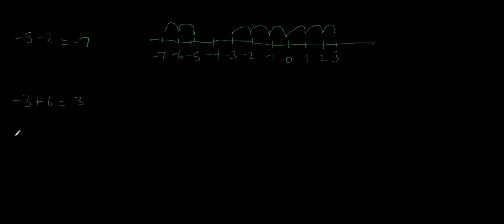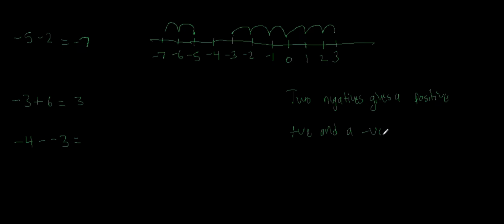Let's say now I am at negative 4 and I want to take away negative 3. Now there's another rule that says two negatives give a positive, and a positive and a negative gives a negative.